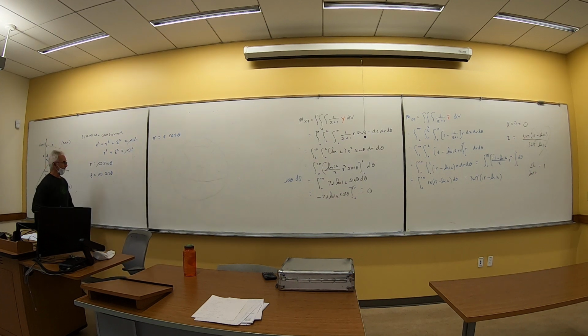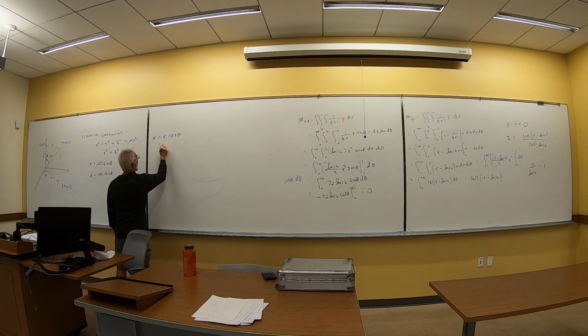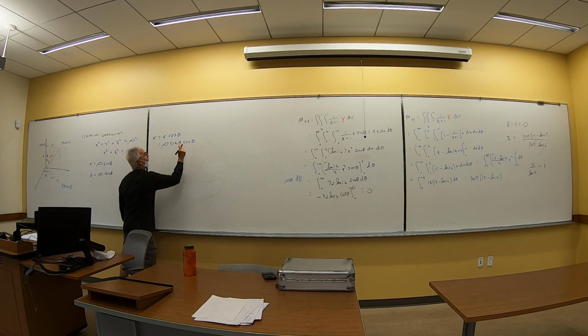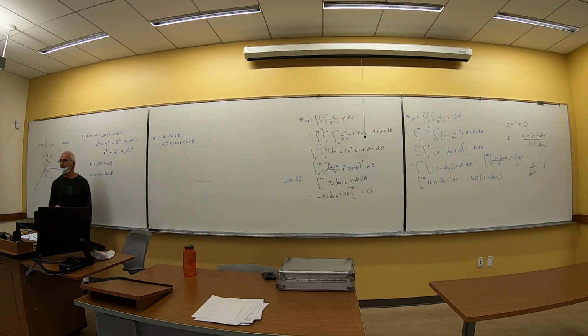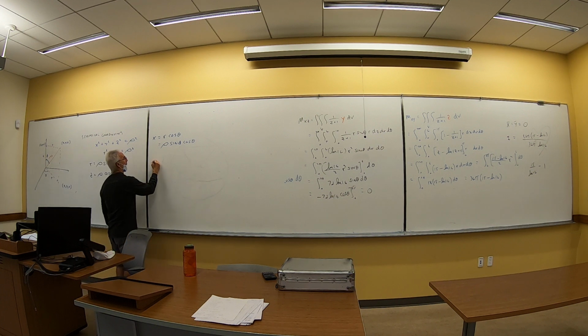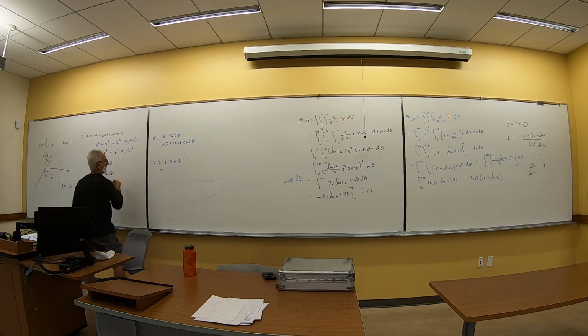We know that. Ooh, I'm going to replace r with rho sine phi. Cool. Everybody see that? How about y? Doesn't y equal r sine theta on the xy plane?